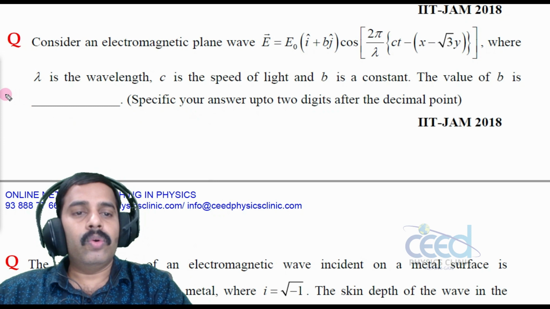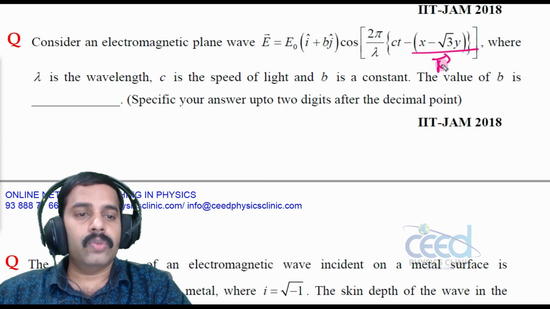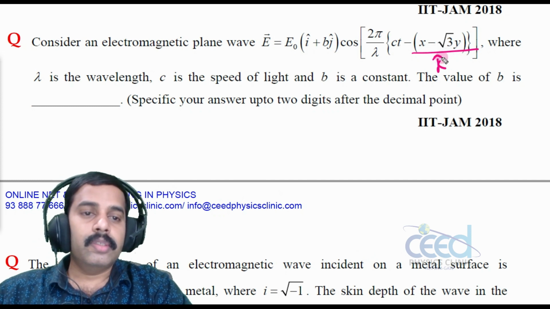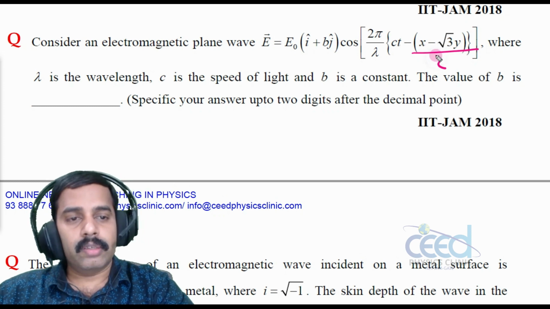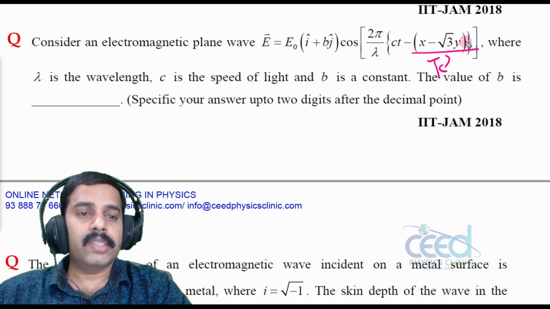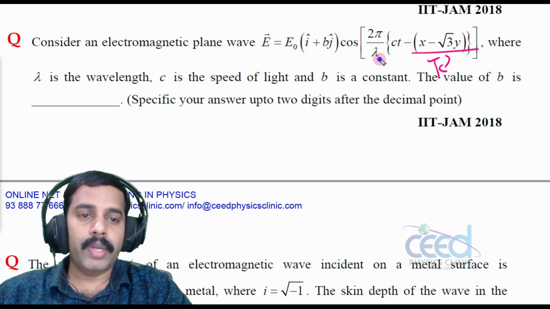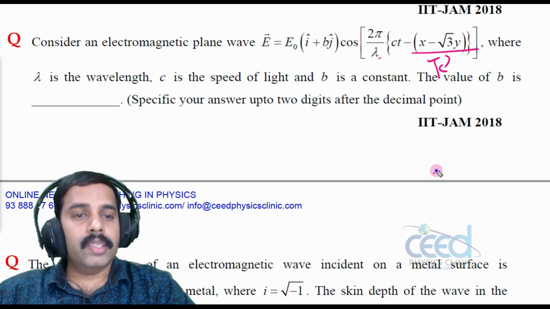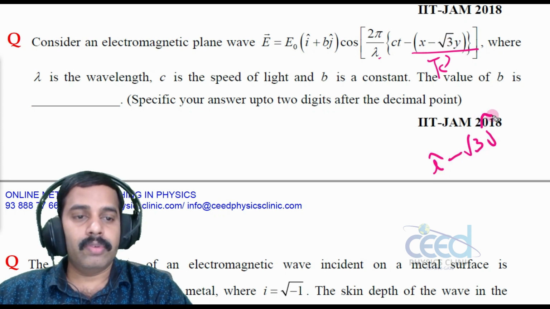So we already know the k vector from here. What is the k vector? So you can identify the k vector. It is an omega t minus kx format, right? So what is k vector? That is i cap minus root 3 j cap, right?